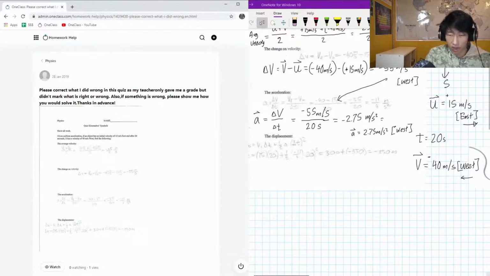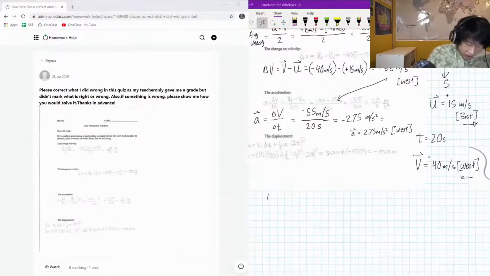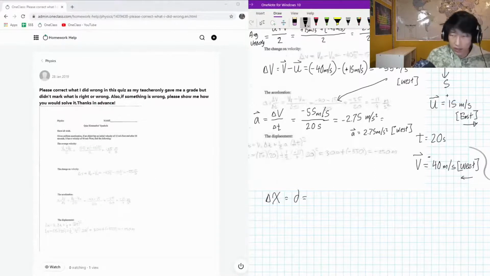The kinematic equation that we want to keep in mind here is that our change in position, our delta x, which is displacement, we could also write as d, is equal to our initial velocity times time, so our u t, plus 1/2 a t squared.